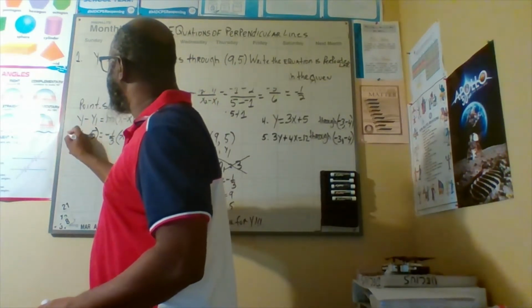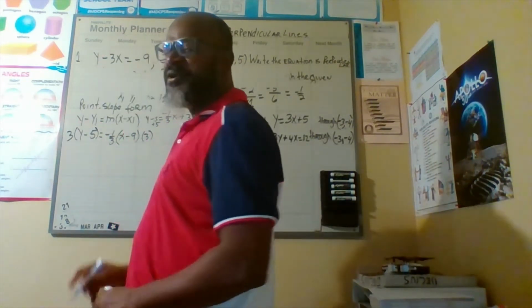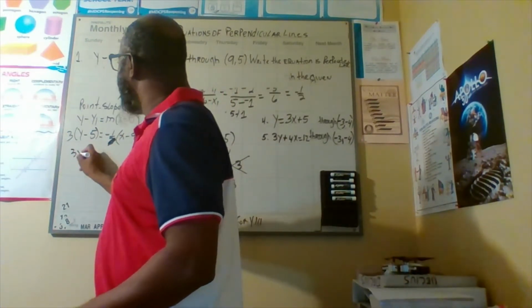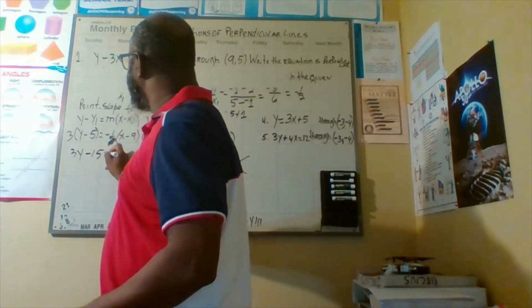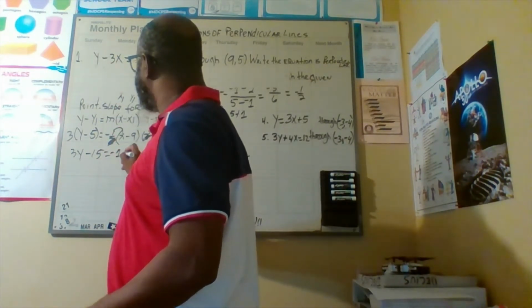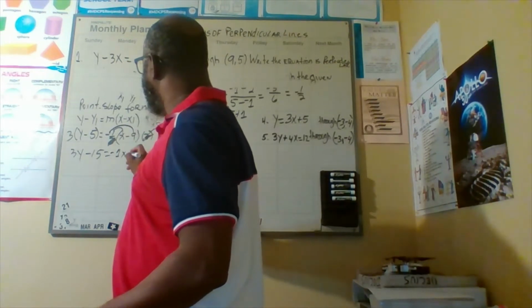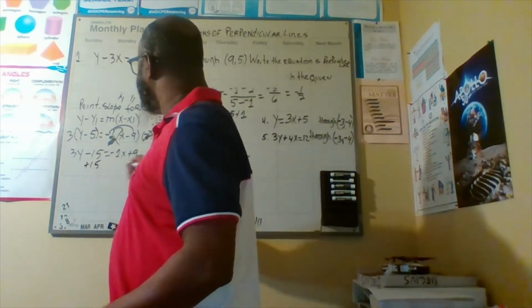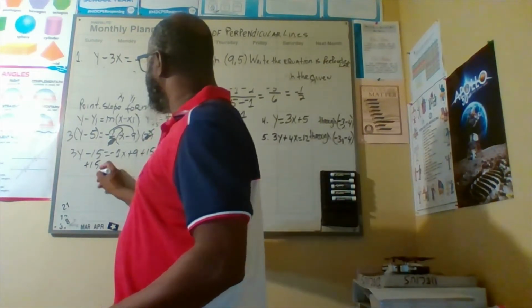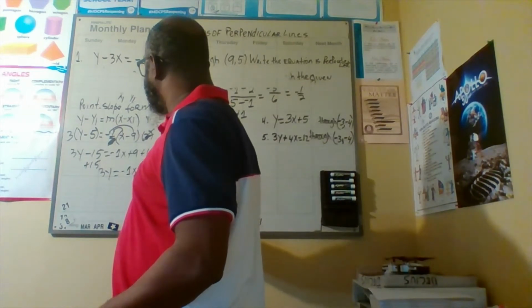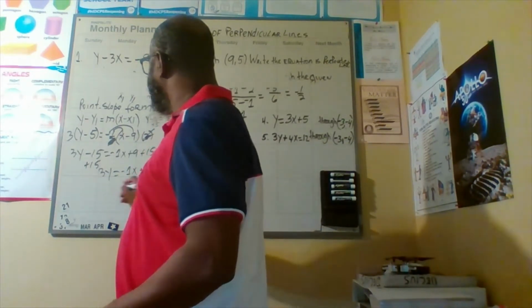The 3 cancels with the 1/3, and you will have 3y minus 15. Then you distribute the negative 1 with negative 1x. Negative 1 times negative 9 is plus 9, and you add 15 to each side, solving for y. Then you will have 3y equal negative 1/3 x plus 24, divided by 3.